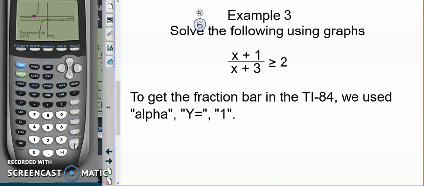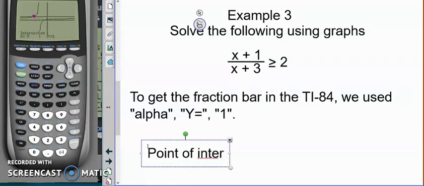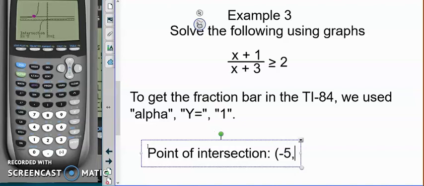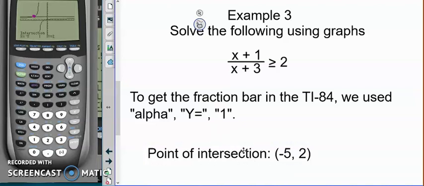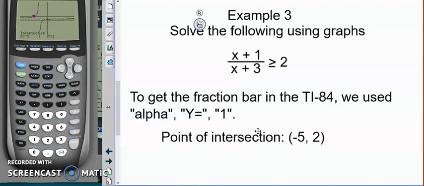And it's -5, 2, just like we said. So the point of intersection is -5, 2.